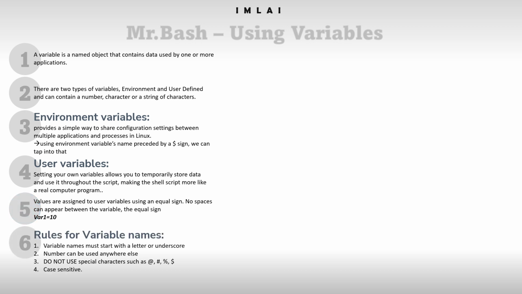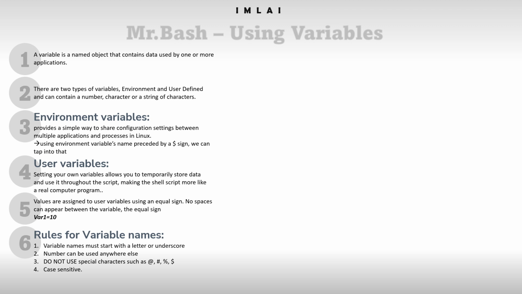So the first rule, variable names must start with a letter or underscore. That's it, it's as simple as that. A letter or an underscore, either of these. If you try to put any other character like a number or special characters, it doesn't work. It throws an error.